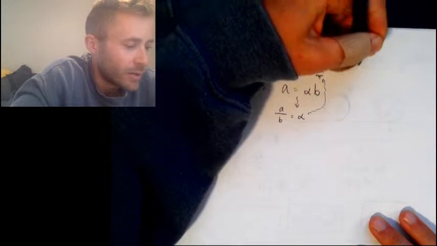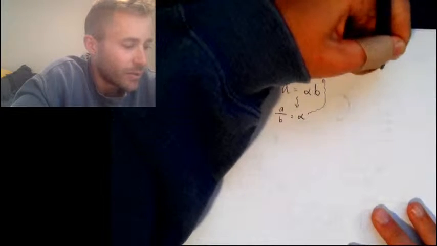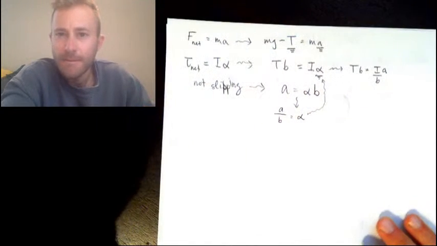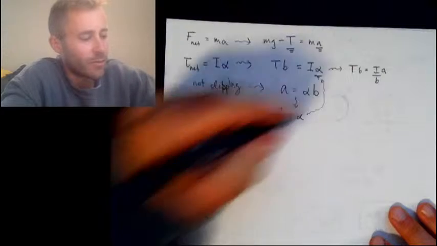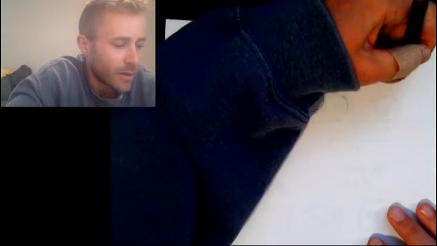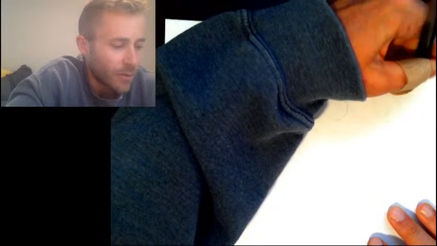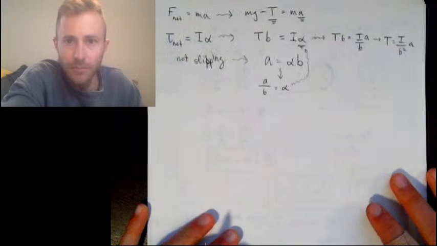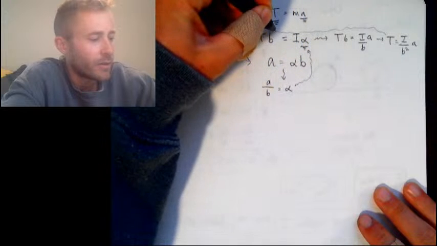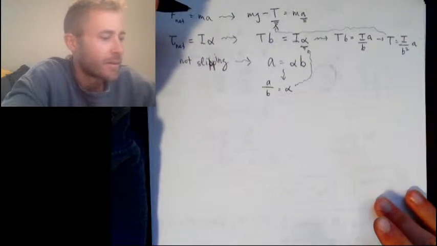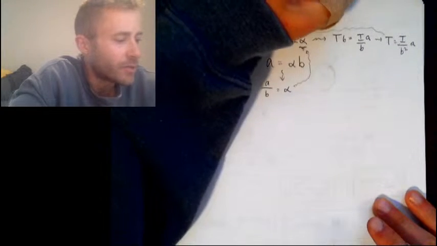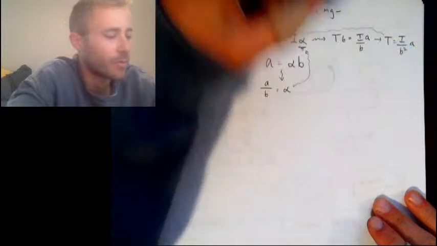So I get tension times B equals I times A over B. Then I divide both sides by B, and I get tension equals I over B squared times A. Then I plug that in for the tension, so I have mg minus I times A over B squared.